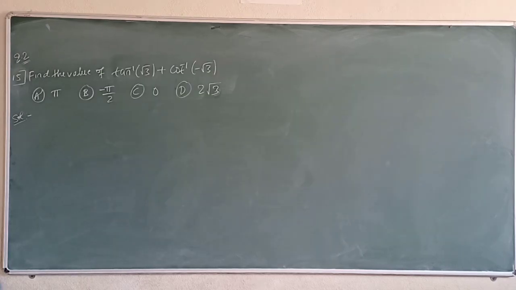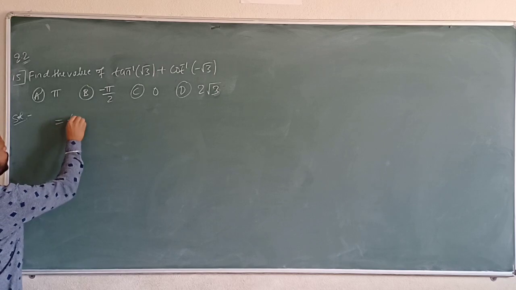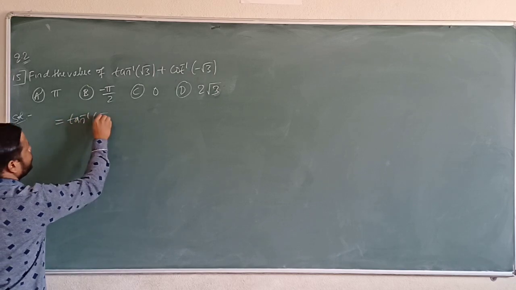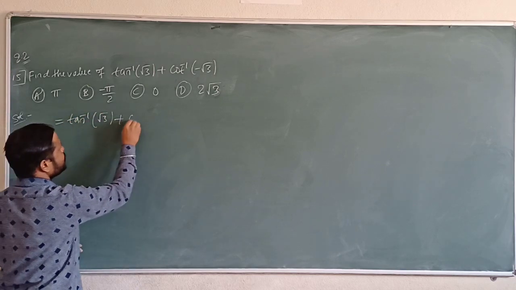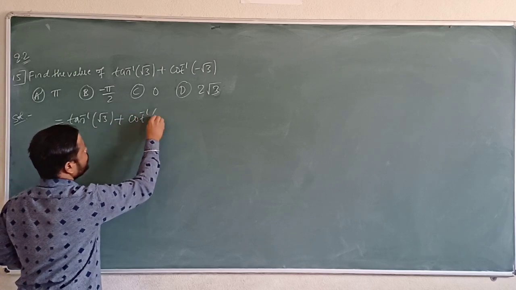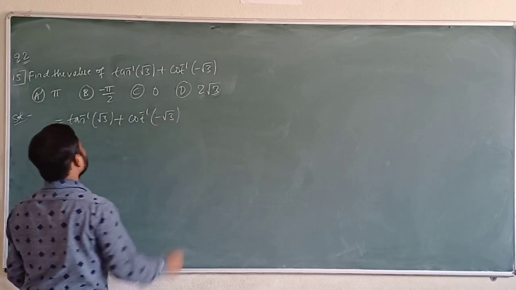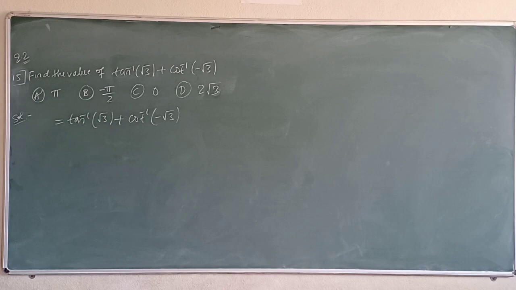Okay, take the last question, that is question number 15. Find the value of tan inverse of root 3 plus cot inverse of minus root 3. There are four options given.